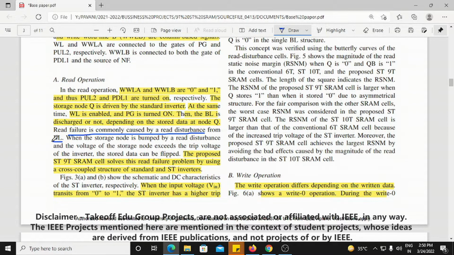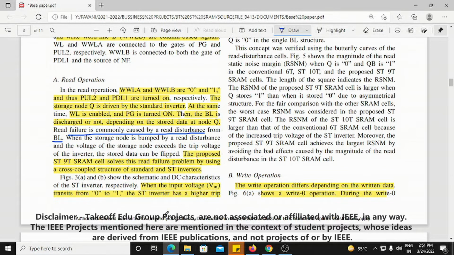When the storage node is bumped by a read disturbance and the voltage of the storage node exceeds the trip voltage of the inverter, the storage data can be flipped. It means when the storage node is disturbed, the data at the storage node will be flipped. By using the ST90 SRAM cell we can avoid this condition, and this is one of the advantages of implementing this paper.